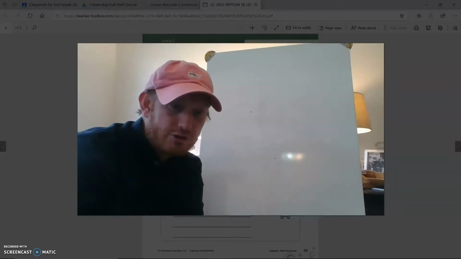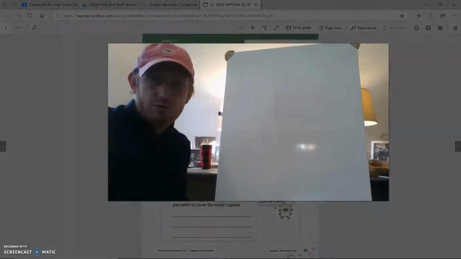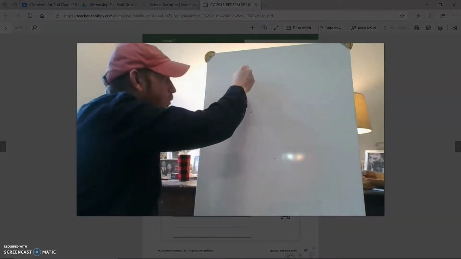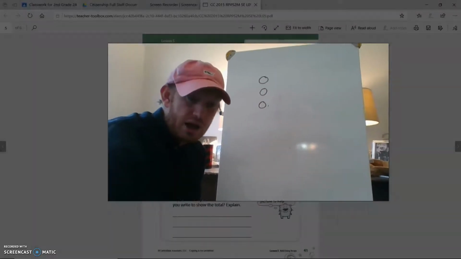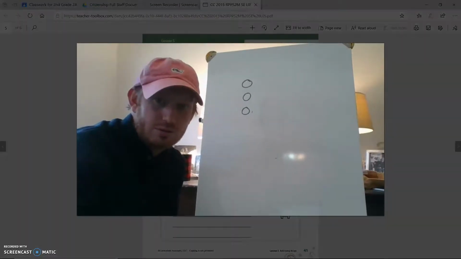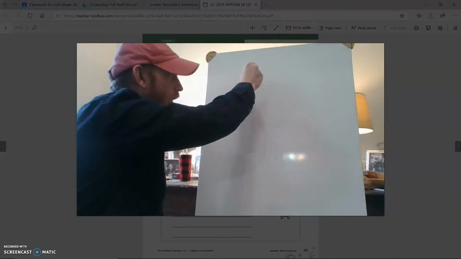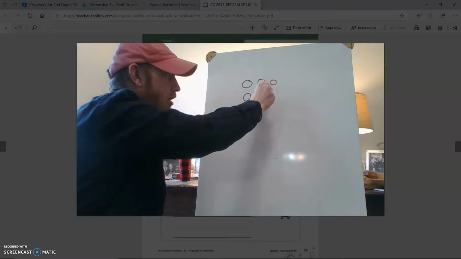And in that picture, we're going to have 3 rows. 1, 2, 3. And we're going to have 3 items in each row. 1, 2, 3. 1, 2, 3.